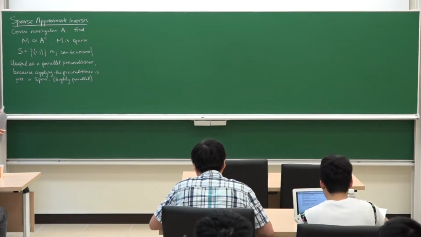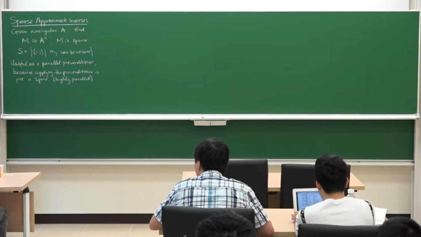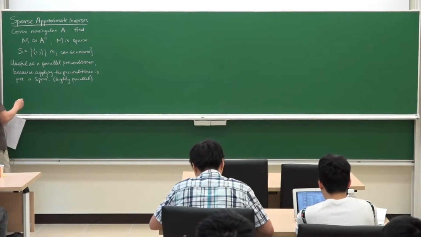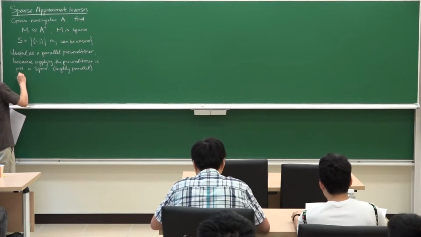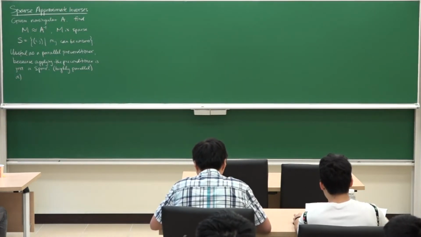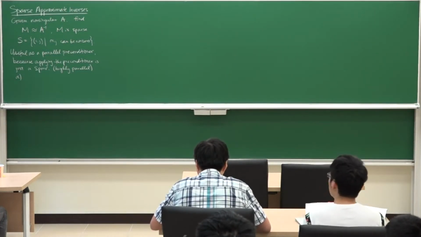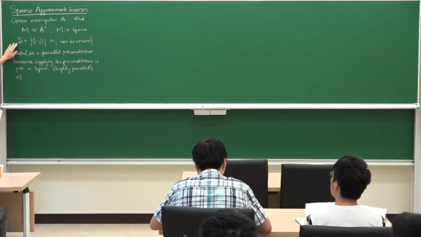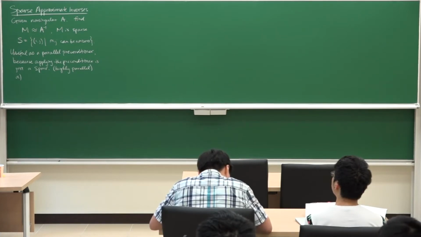There are many ways of computing sparse approximate inverses, and in this lecture I'll show you some of these ways. There are two large classes of methods: methods that choose the sparsity pattern S beforehand, and methods that choose it dynamically during the computation of the approximate inverse. This is a little bit like incomplete factorizations that we saw before.